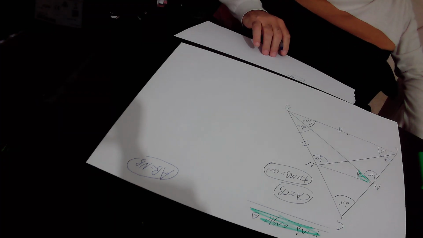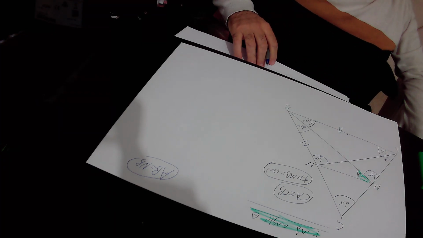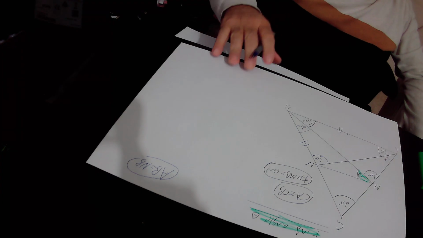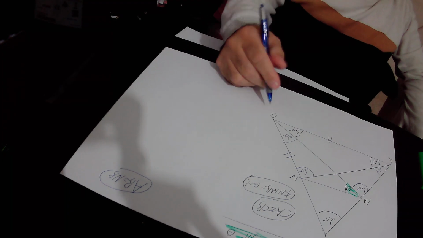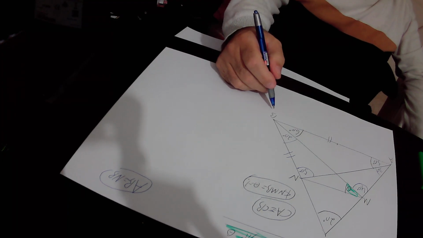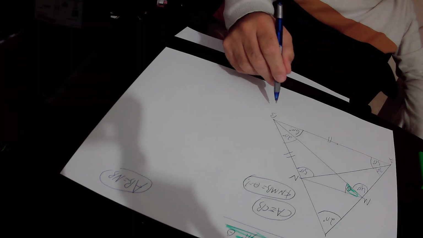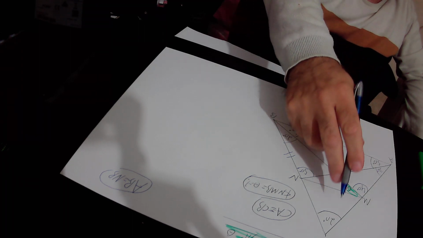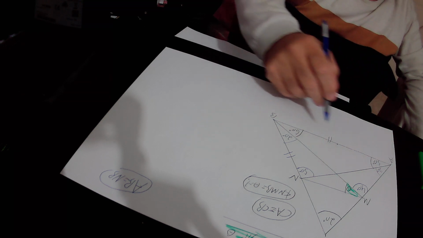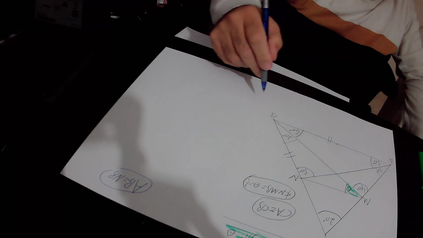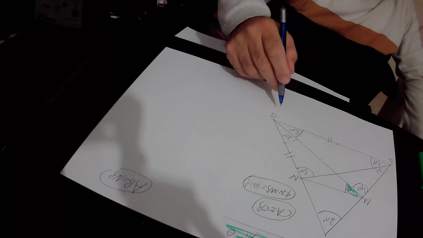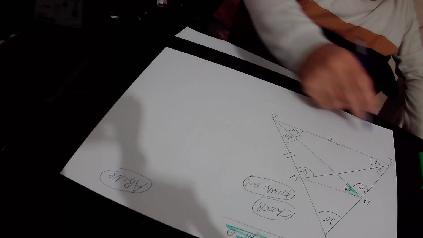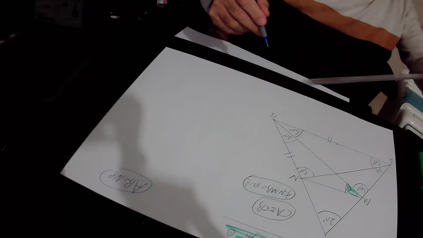Okay, so in the next step, we do a construction. From point B, we'll draw a line segment BD on CA in such a way that BD will be equal to BA. Again, BD will be equal to BA according to our construction.